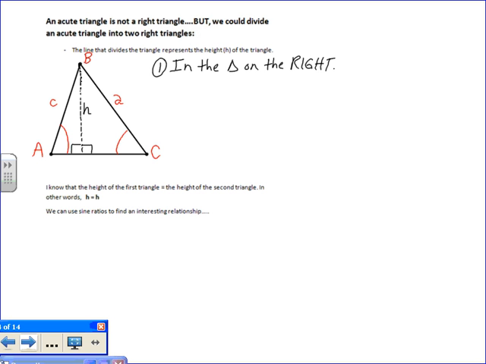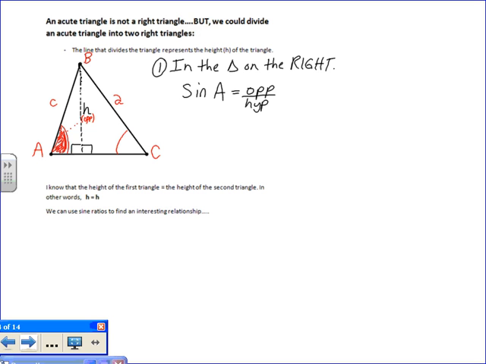We could use the trig ratio for sine to label our triangle. So if I were to look at the sine of A in my right triangle on the left, the sine of A would be equal to the opposite over the hypotenuse. This is always true. So I'm talking about angle A right here. Right across from angle A would be H, so H would be my opposite side.